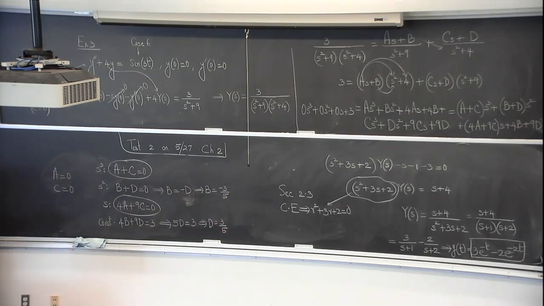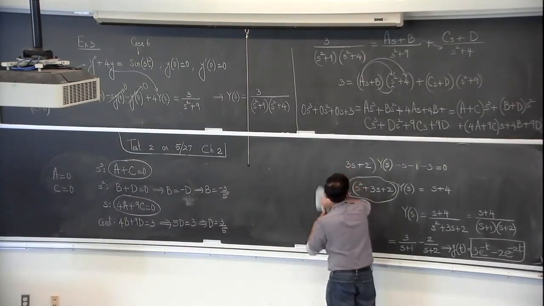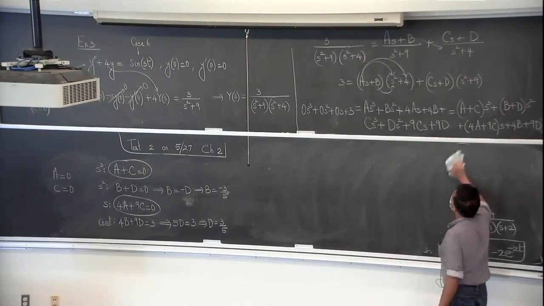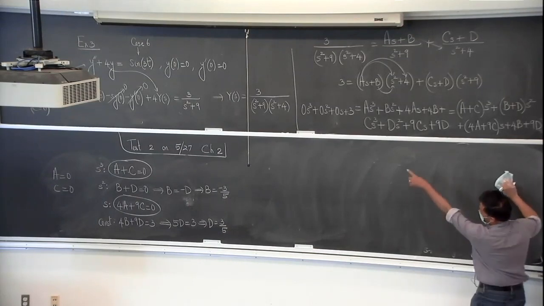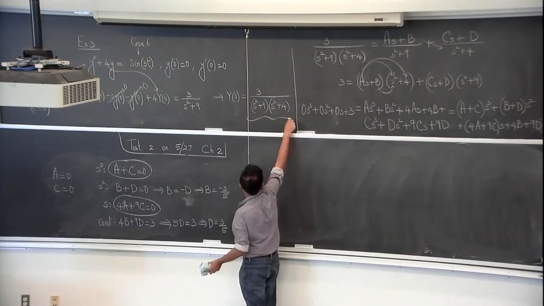So we started with four constants, and based on whatever we had in the problem, we got rid of two of them. So we only have two remaining. And let's try to bring it back into our Y of s expression, which was right there. So it's a perfect spot. So this is what we were doing.